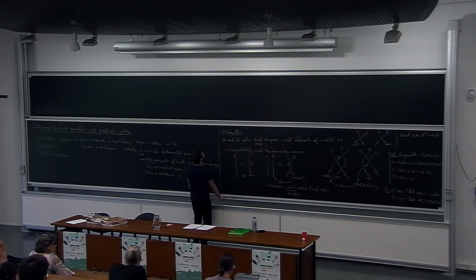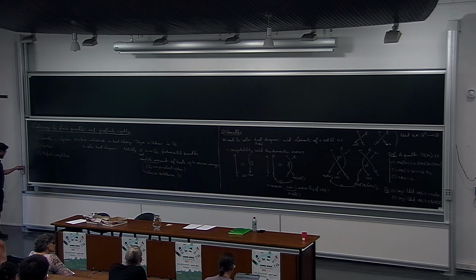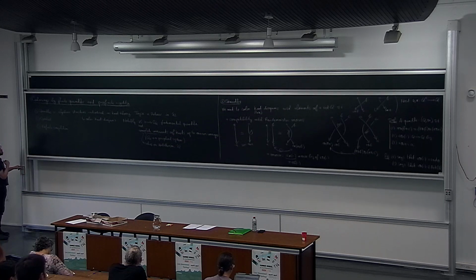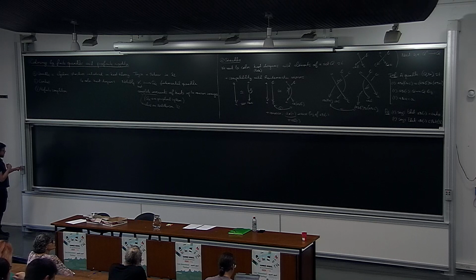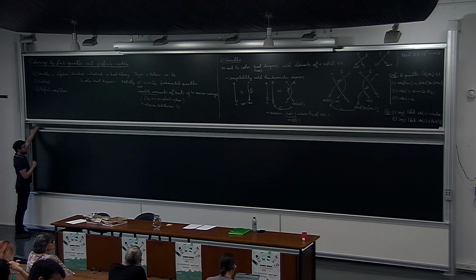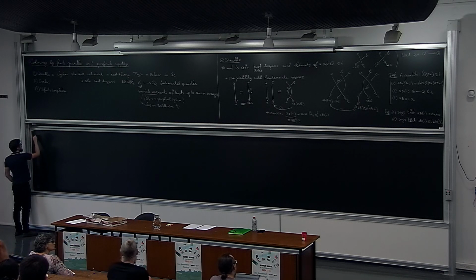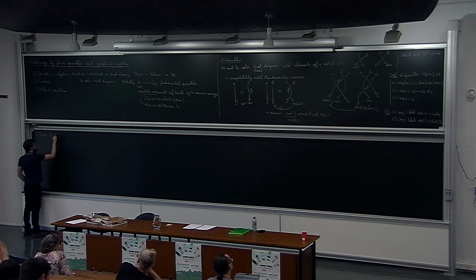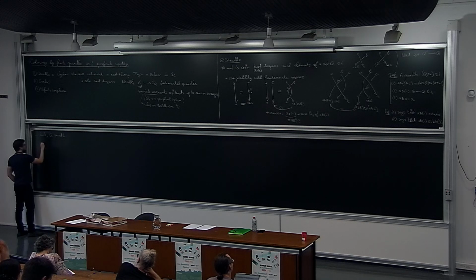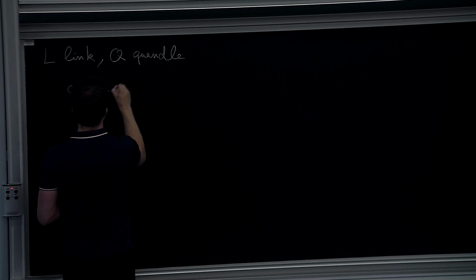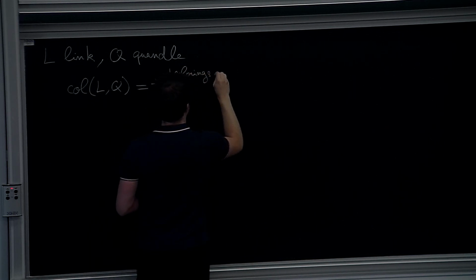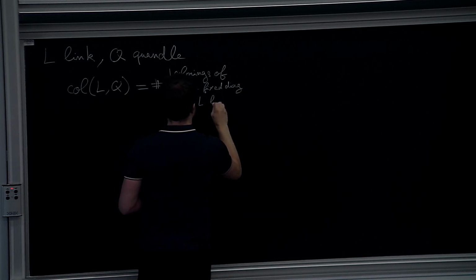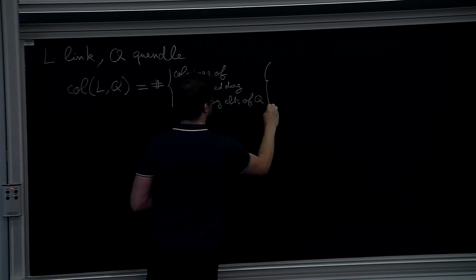Okay, so now we can define, if I have L a link and Q some quandle, I can color some diagram of L by elements of Q, and this will be the number of colorings of some fixed diagram of L by elements of Q, following the rules I have set.